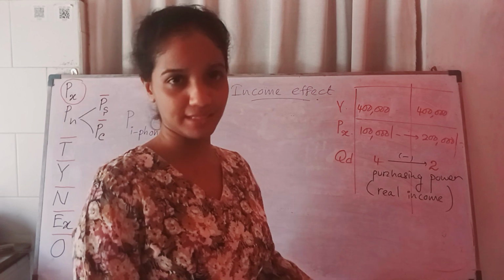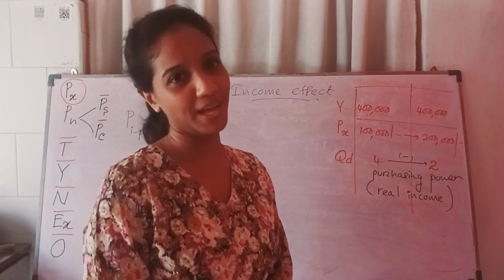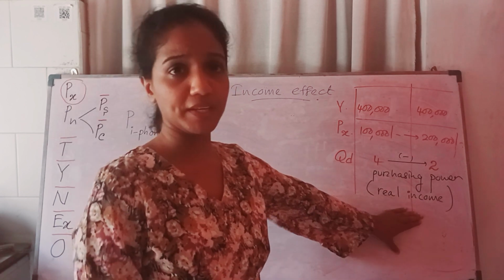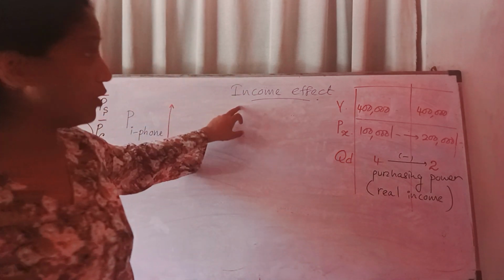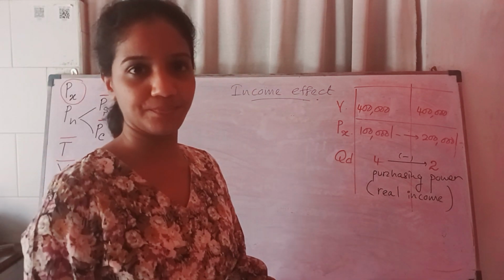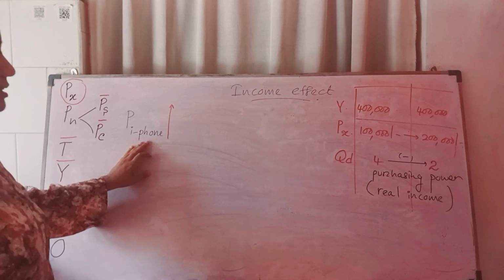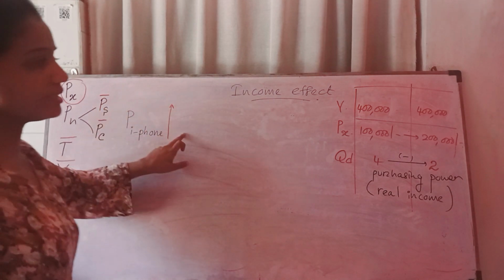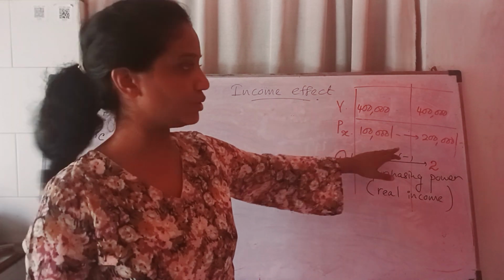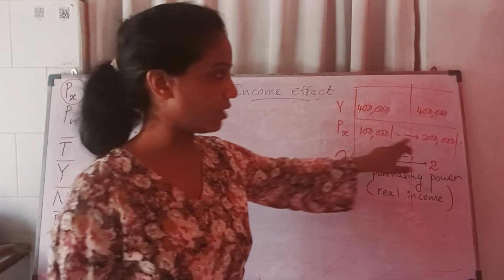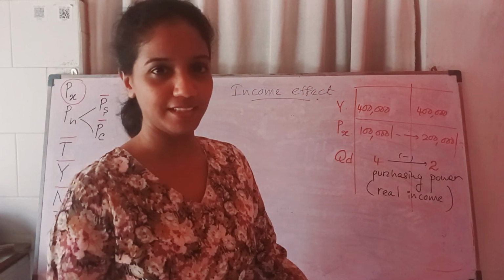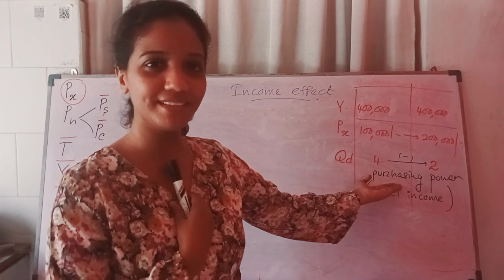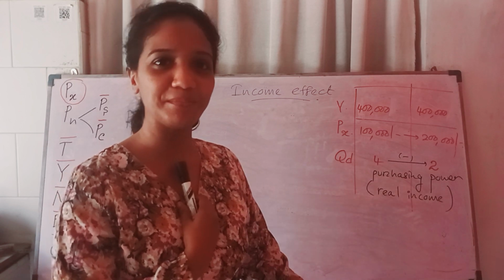That is the purchasing power or the real income, right? These words are very, very important when we talk about income effect, right, children? So now let's see, when the price of iPhones increases, according to this example, from 100,000 to 200,000, children, what happened to our purchasing power? What happened to our real income?